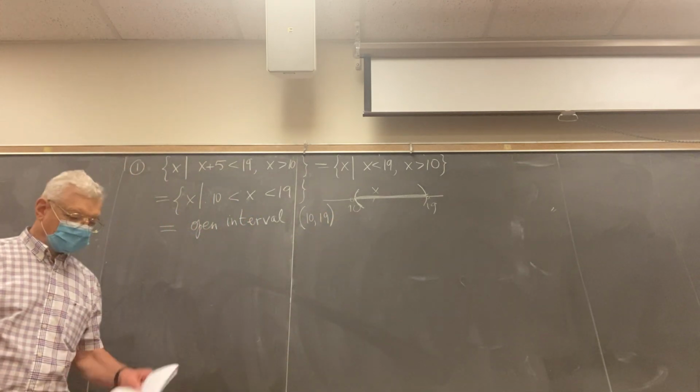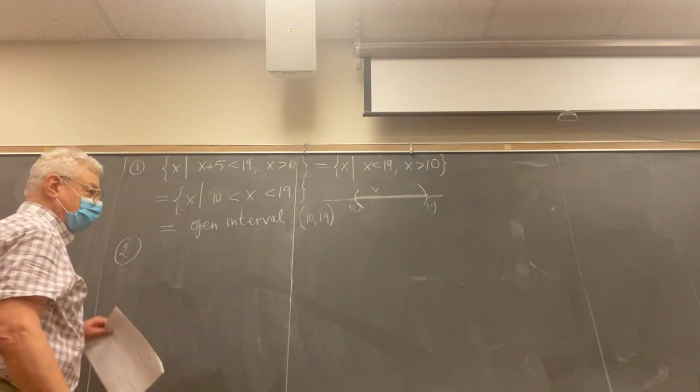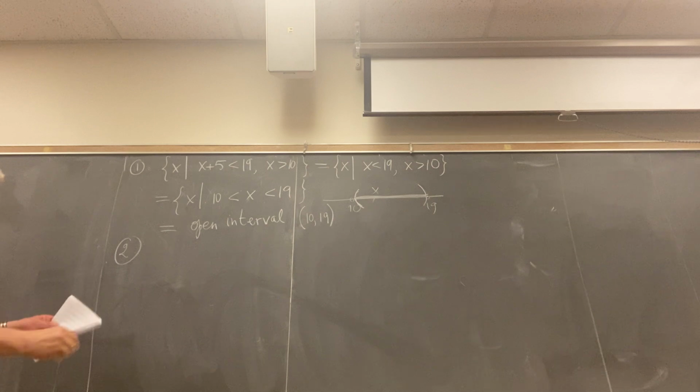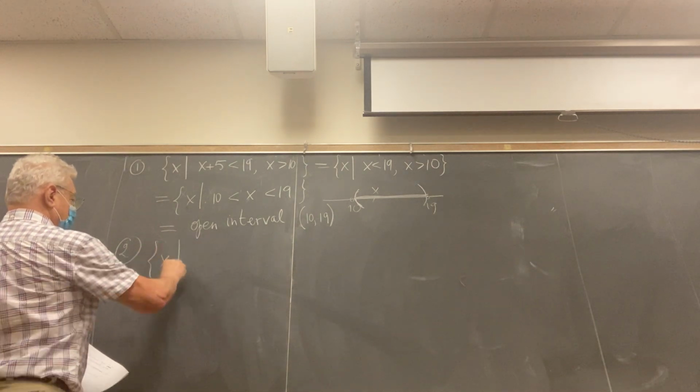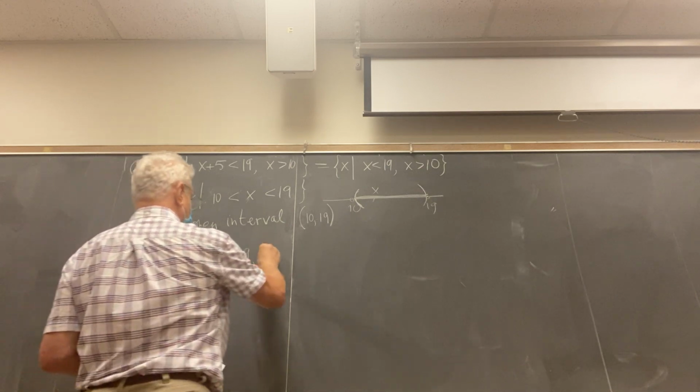Got it? Okay, now I ask almost the same question, but the answer will be drastically different. I write the same thing, x such that x plus 5 less than 19, x greater than 10.